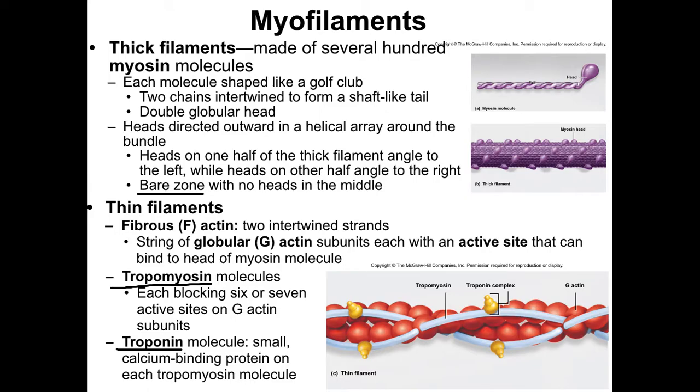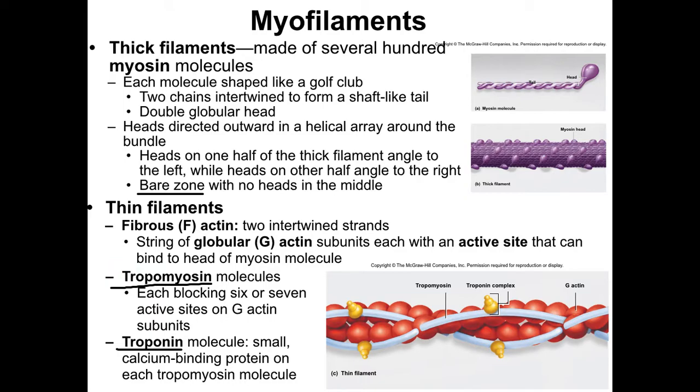So when tropomyosin is bound to the actin, you can't grab hold of it. It's slippery. As long as tropomyosin is on actin, myosin can't grab hold. The handholds are not available. They're protected. That is tropomyosin.